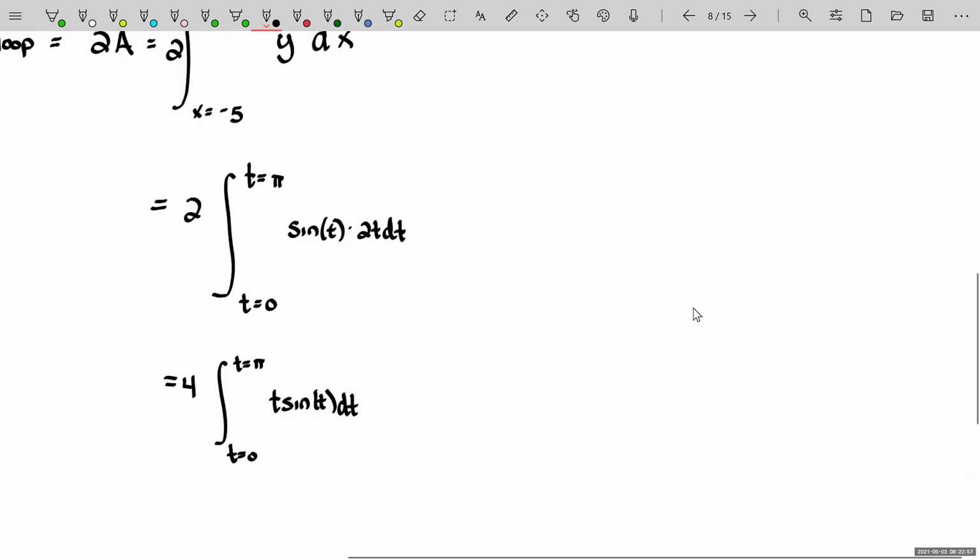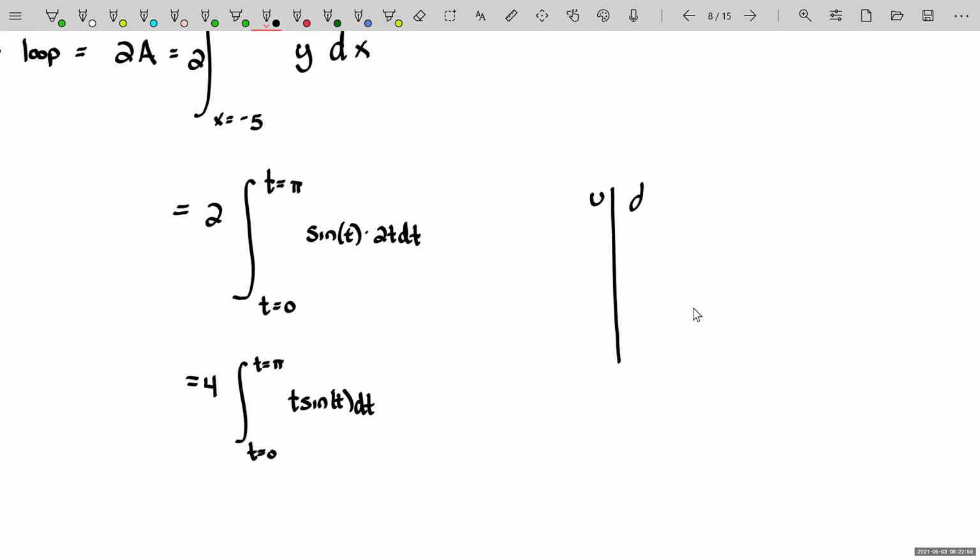Again, building a quick table. t, 1, 0. Sine of t, negative cosine of t, and negative sine of t. Add, subtract.